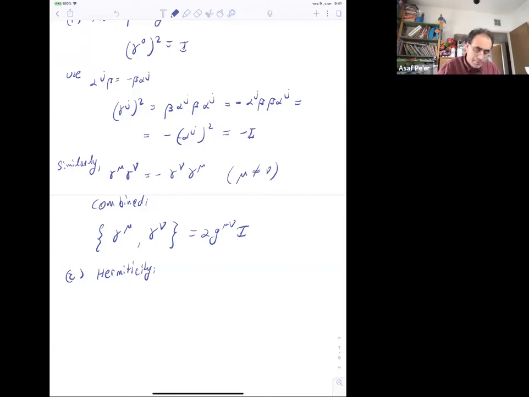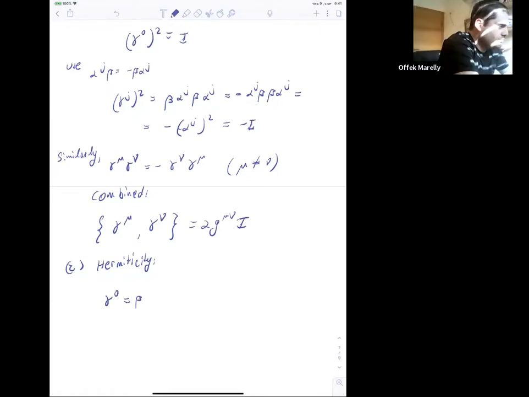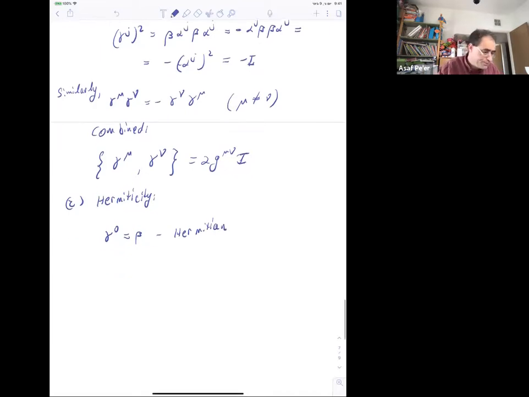What about gamma 0? Is it Hermitian? Yes, of course, because beta is Hermitian. What about the other three matrices, gamma j? These are anti-Hermitian.